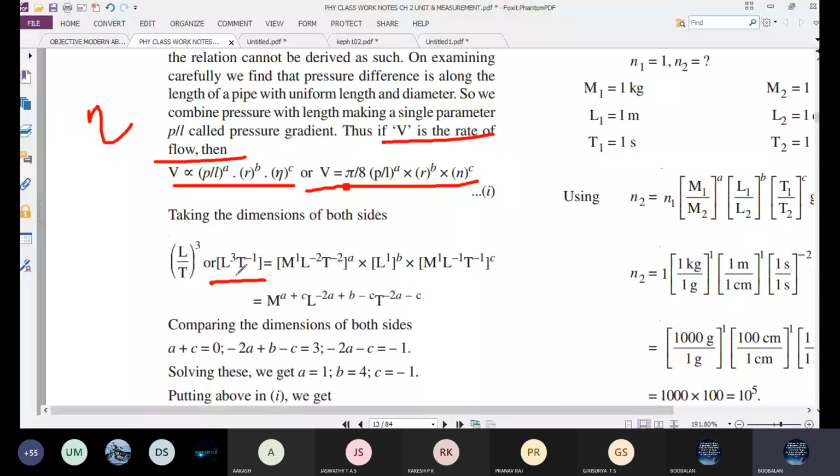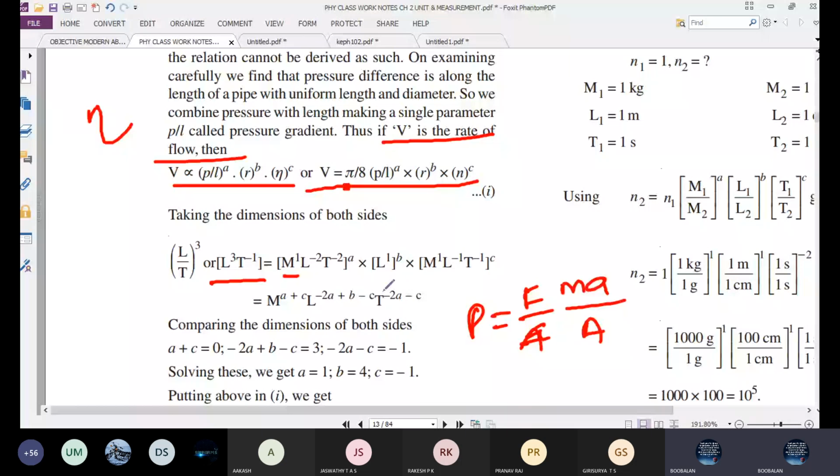Next, pressure by length. So what is pressure? Pressure formula: force by area, and force is mass into acceleration. A is the area, you can write capital A. Mass is M, and the acceleration dimension formula is L T power minus 2.